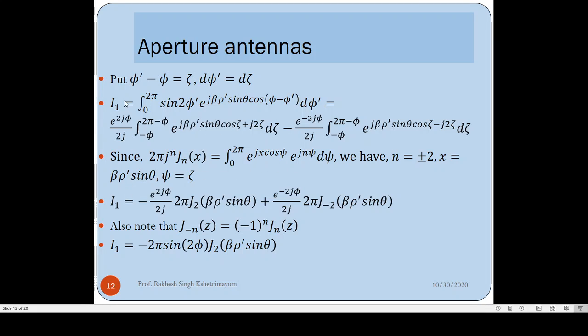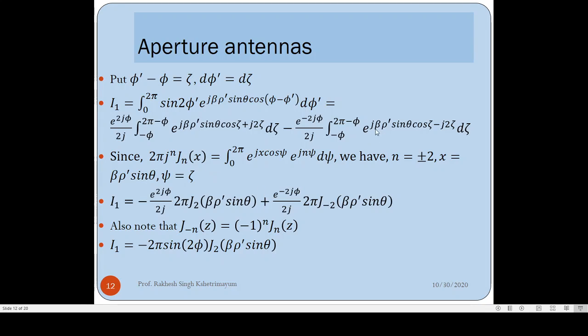And now the integration I1 will become minus exponential j2 pi by 2j, 2 pi j to the power n. N is 2 here, so j to the power 2 is minus 1, j square is minus 1, so you have a minus sign here: exponential j2 pi by 2j, 2 pi, n is 2, so J2, what is x? X is beta rho dash sine theta.